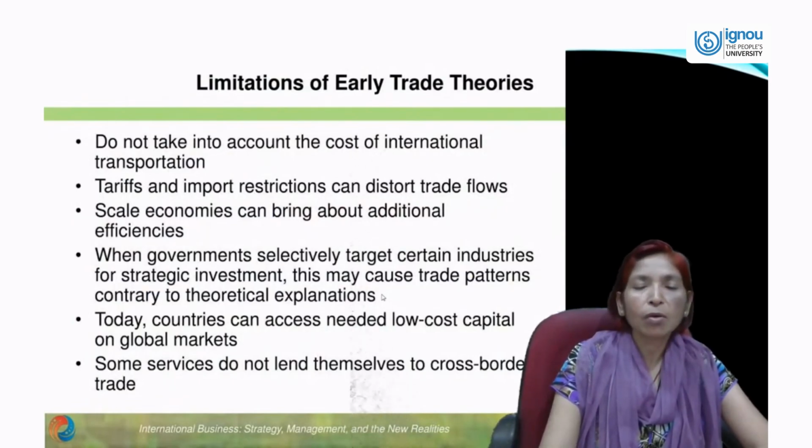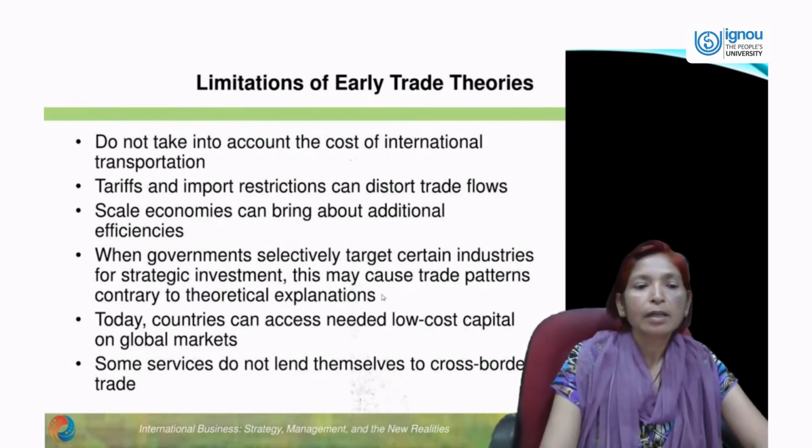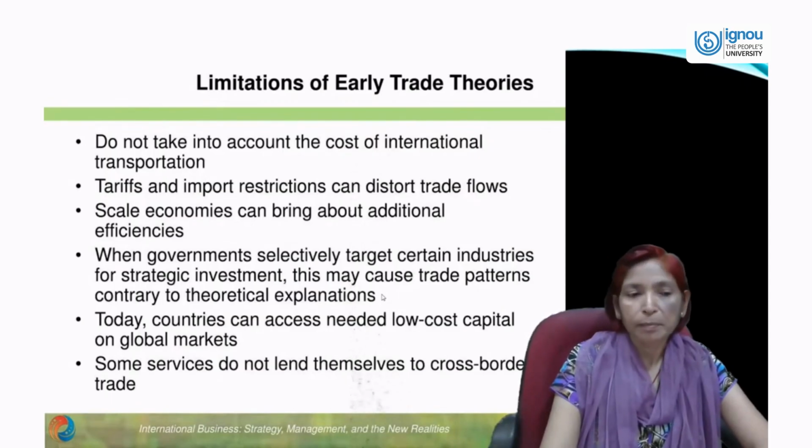Classical theory ignores transportation cost, which is very important, and we can't ignore the transportation cost. Tariffs and import restrictions can distort trade flows. Scale economies can bring about additional efficiencies, and when government selectively targets certain industries for strategic investment, this may cause trade patterns contrary to theoretical explanation.